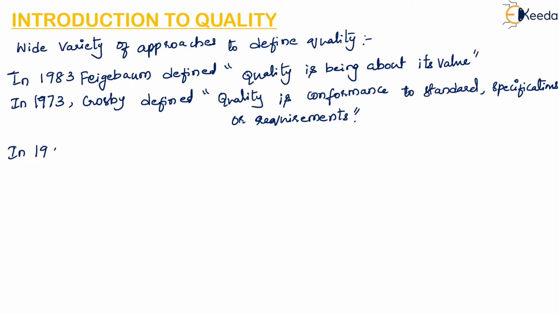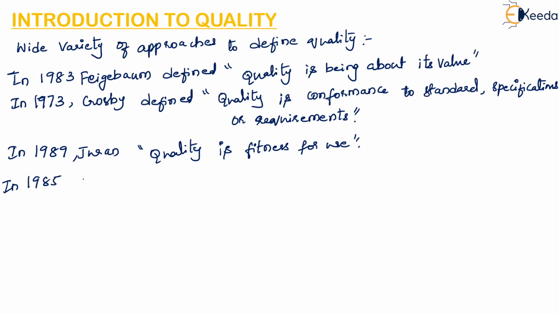In 1989, Duran defined quality as fitness for use. So if the product is fit for use, then he said it is of good quality, or quality is said to be when it is fit for use.